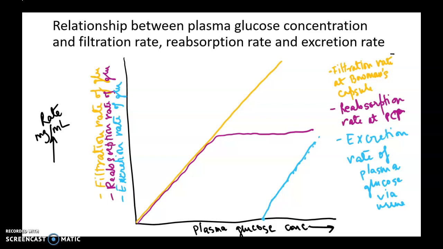So the point is, if you increase plasma glucose concentration, of course, there will be more glucose filtered into the filtrate, and then there will be more glucose reabsorption through the proximal convoluted tubule, but that will continue up to a certain point.